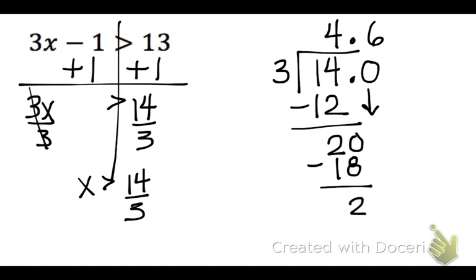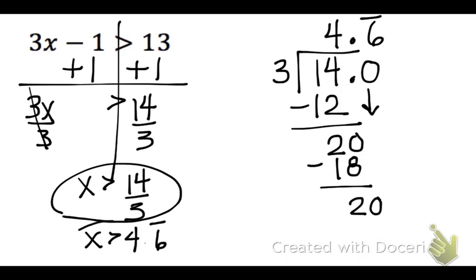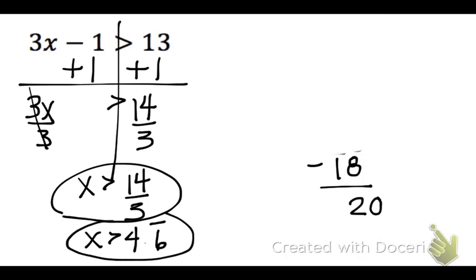I get another 2, which means I'm going to get another 20, which means that the 6 is repeating. So x is greater than 4.6 repeating. I could list my answer either way. Okay, now, x is greater than 4.6 repeating, or x is greater than 14/3.